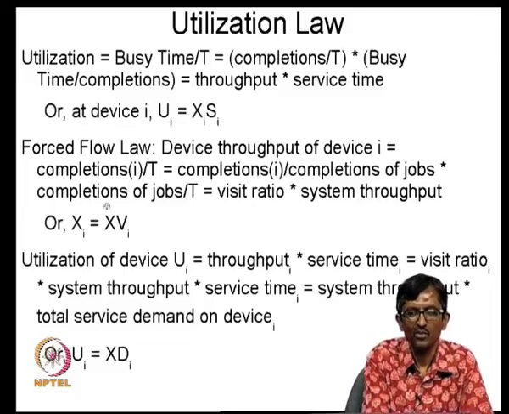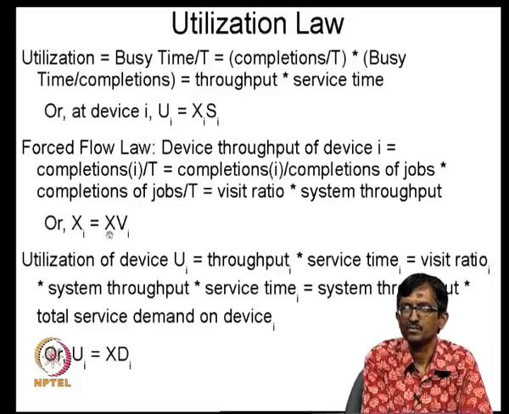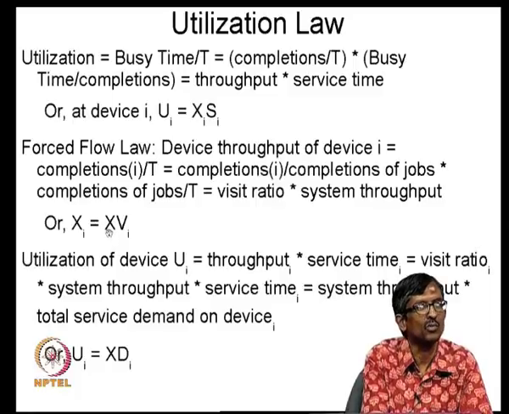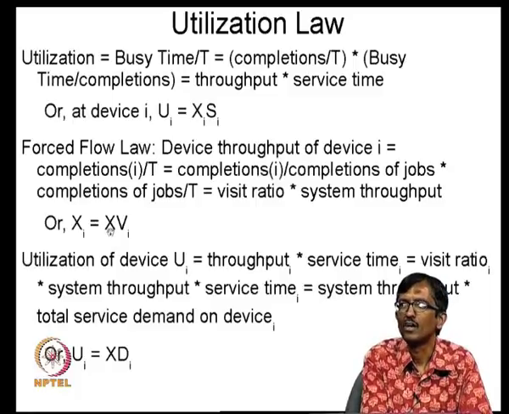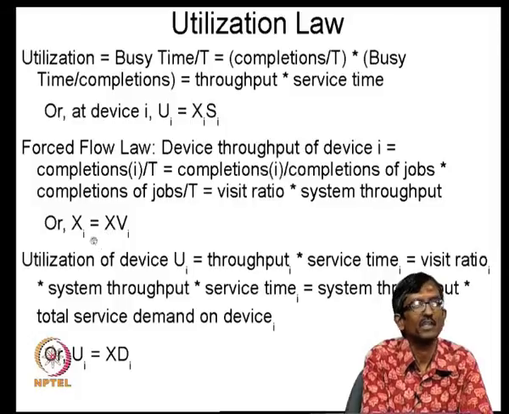Basically, your throughput at device i is given by the visit ratio multiplied by the system throughput. So, essentially what it is saying is that the system throughput forces how things happen at each particular device with respect to its throughput.